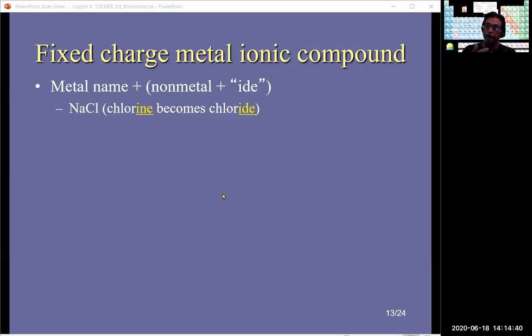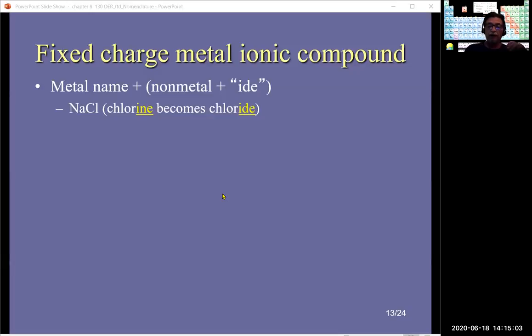I'm going to the next group, group 6. Sulfur becomes sulfide. Nitrogen becomes nitride, and below nitrogen is phosphorus, and that becomes phosphide. And if you ever see carbon that gains 4 electrons, because carbon's in group 4, guess what?